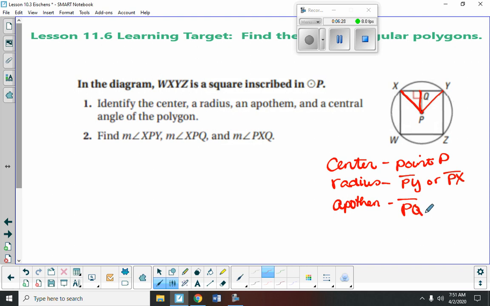And a central angle of the polygon. Well, a central angle, remember, is formed by 2 radii. So it would be this angle right here, angle XPY, or you could say YPX. So that's a central angle.